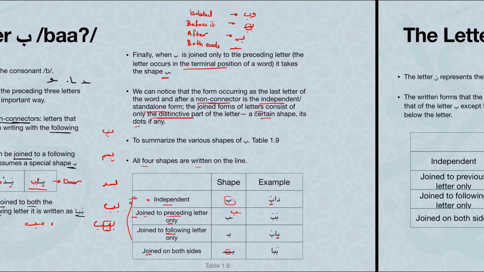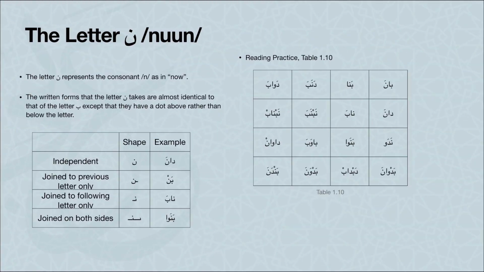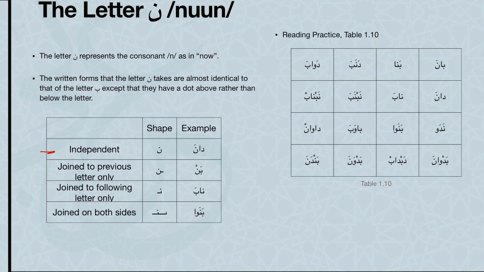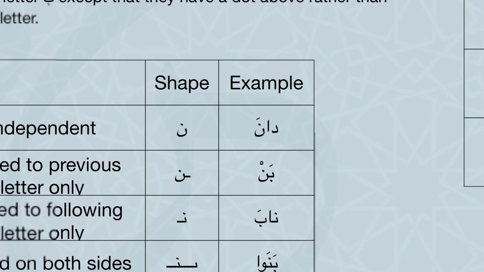So we can jump to the letter noon, which is a fun one. I love the letter noon. The letter noon represents the consonant n, as in now. The written forms of the letter noon take an almost identical shape to the letter ba, but when you write it in its independent form, you realize that it's more curvy, more rounded than ba.